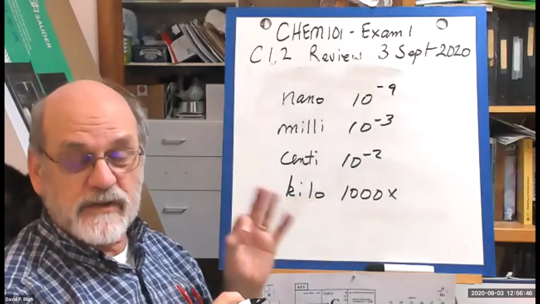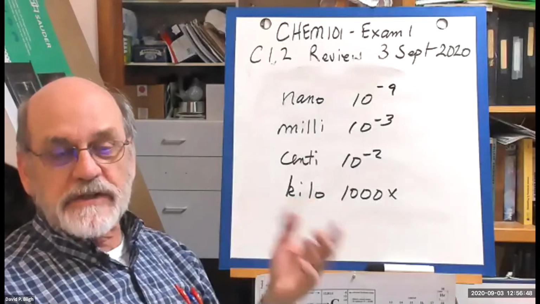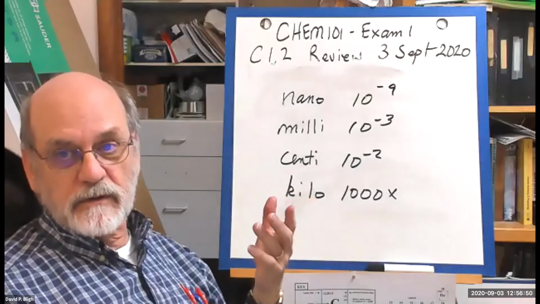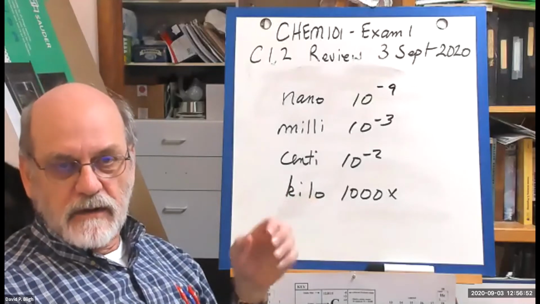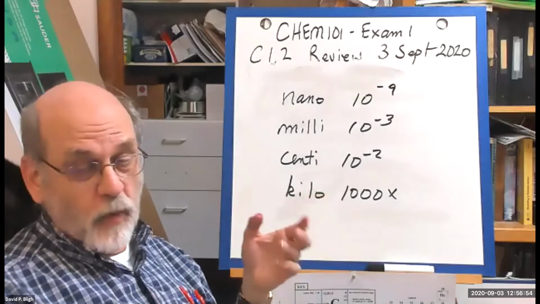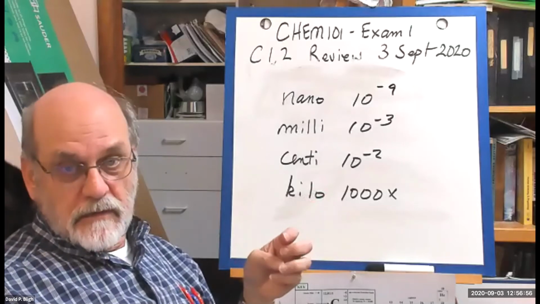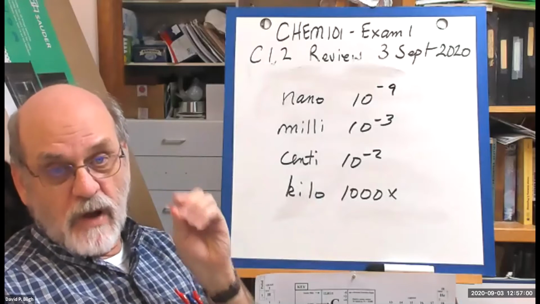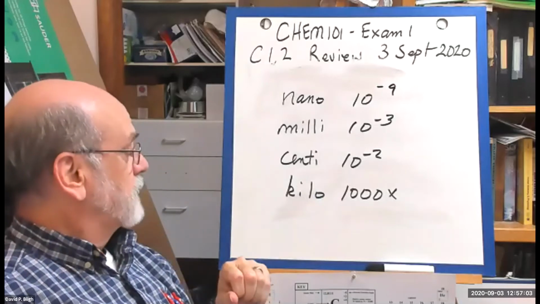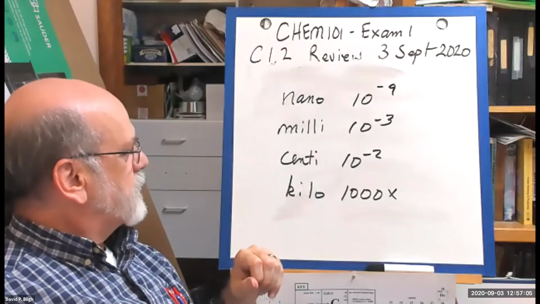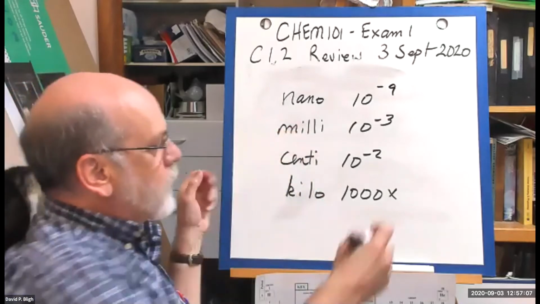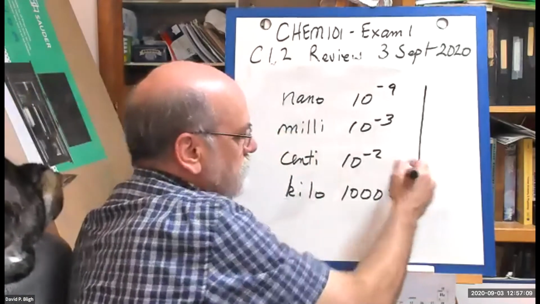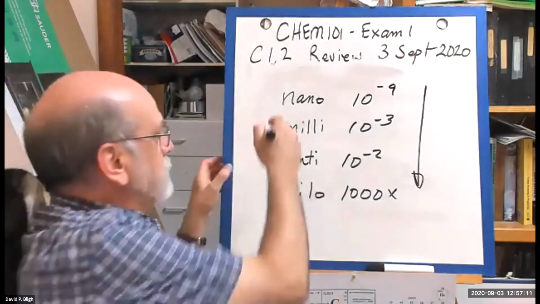It's very, very small. So this nanotechnology they talk about in the press and in science reports, they're talking about particle sizes that are extremely small. So smallest to largest is that, and it's A.